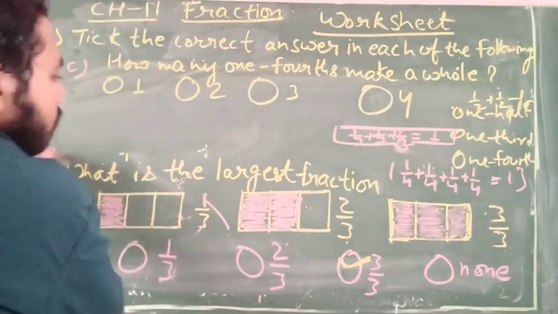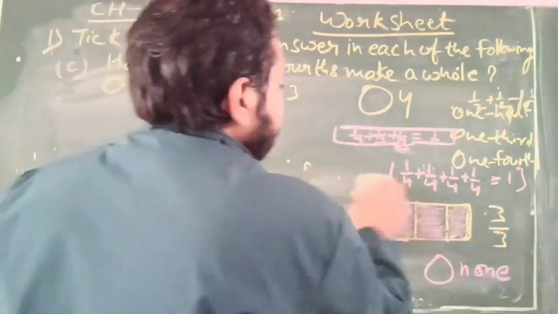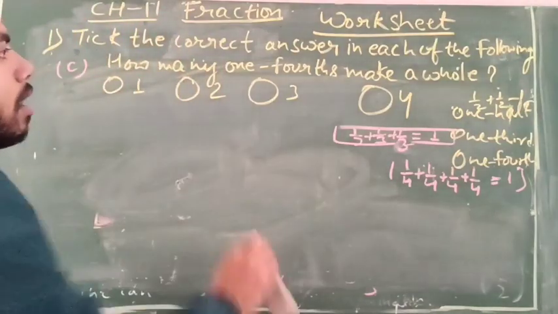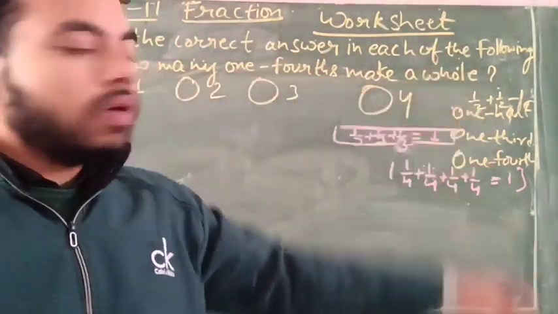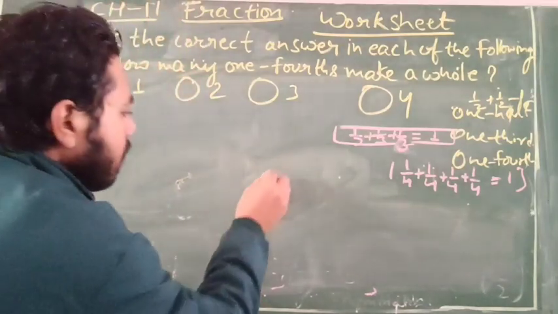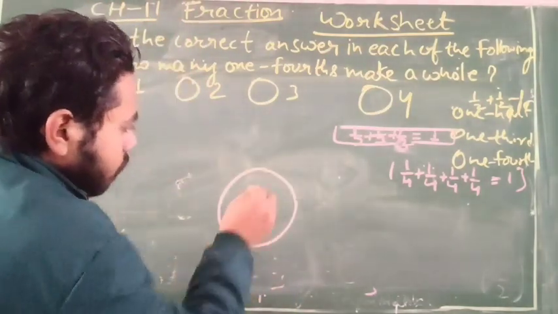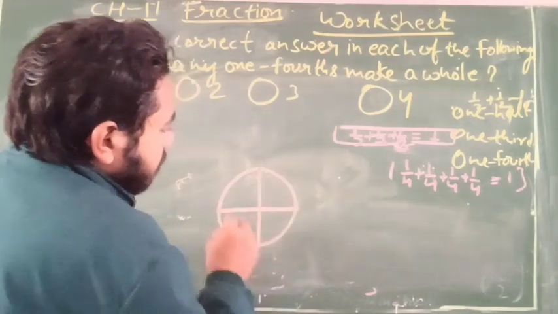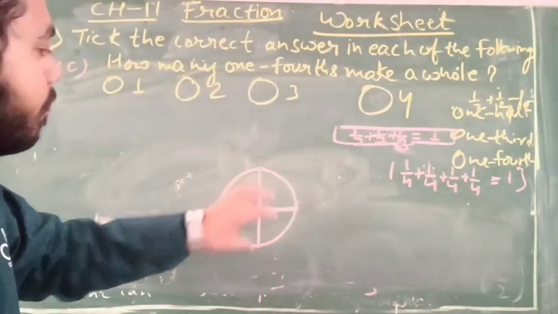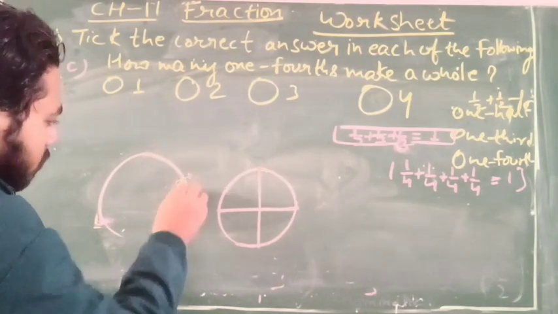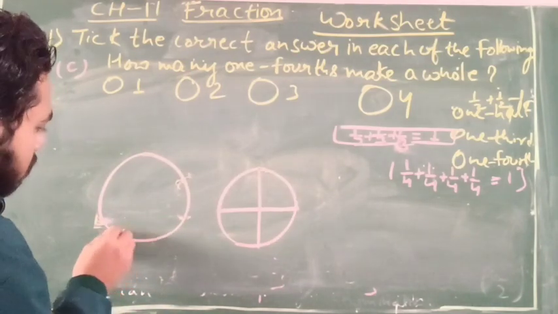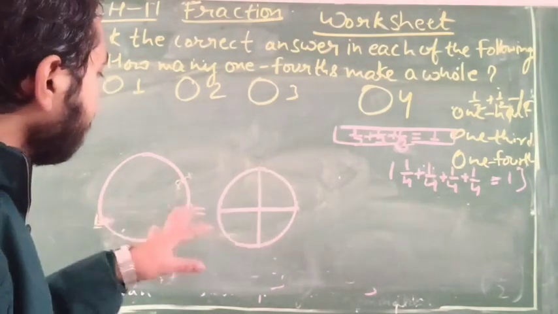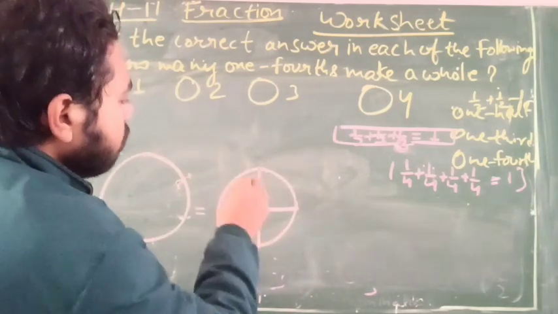So let's try to understand. How many 1/4 make a whole? Let's take an example. Here is a circle, and this circle is divided into 4 equal parts.